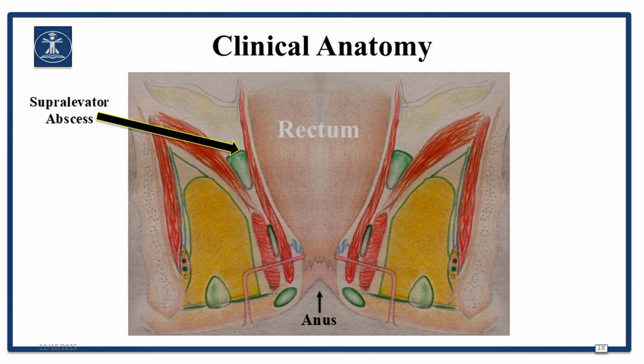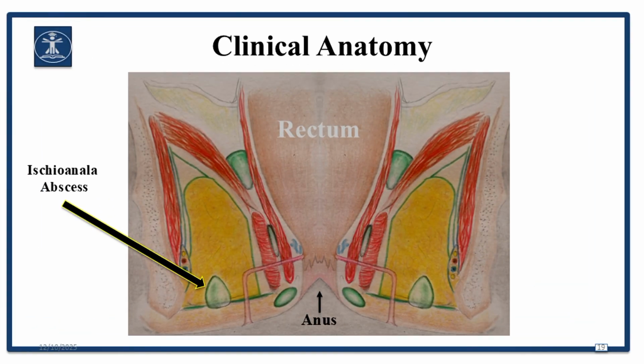Now, there are types of abscesses in the ischioanal fossa region. Number one is the supralevator abscess, and this one is found above the levator ani muscle. Secondly, we have the ischioanal abscess, which is formed in between the fat or in the ischioanal space.